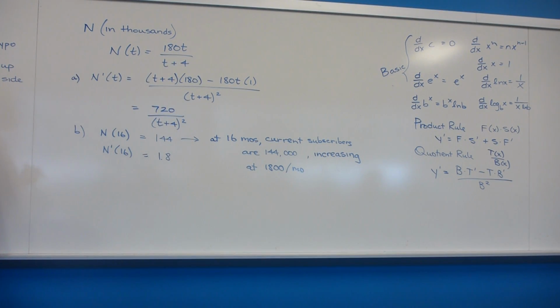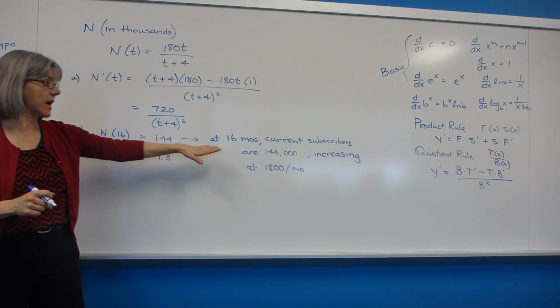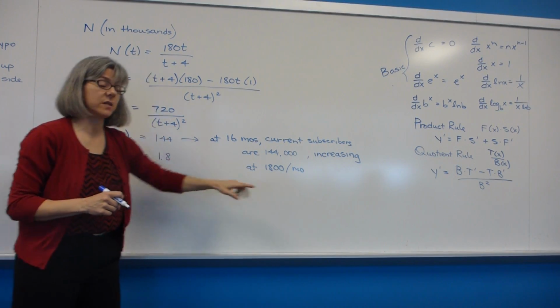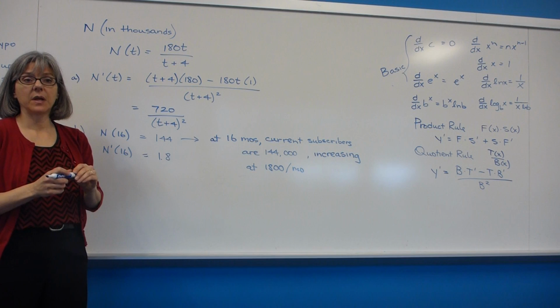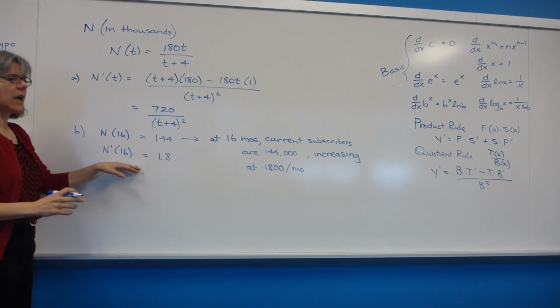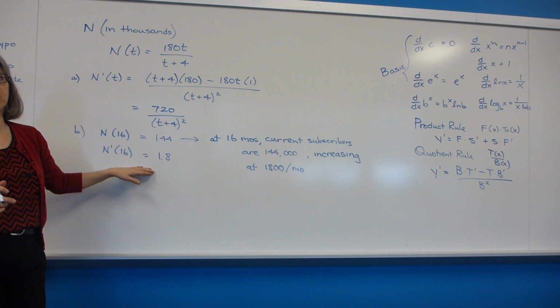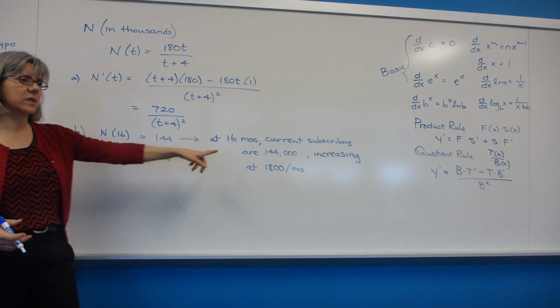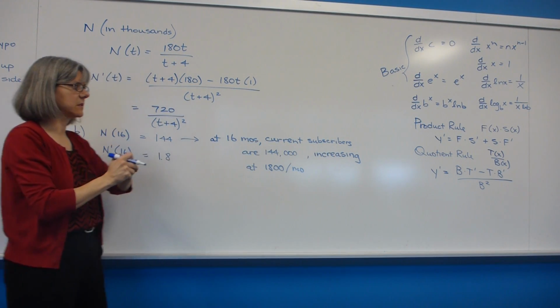So at 16 months, I currently have 144,000 customers, and because this is positive, I'm increasing at 1,800 customers per month. I took off a half a point on the test for people just saying the rate of change is 1,800. You can do better than that. Because this is positive, you can say that it's increasing. You can put another layer of interpretation on that.